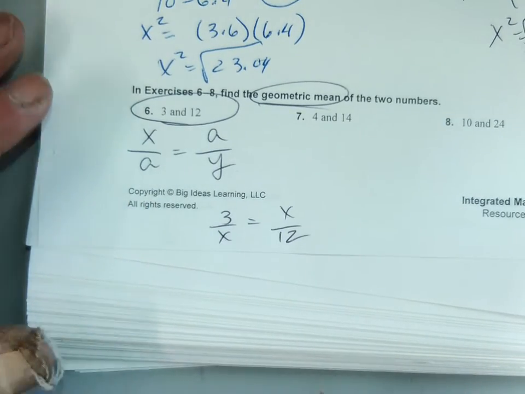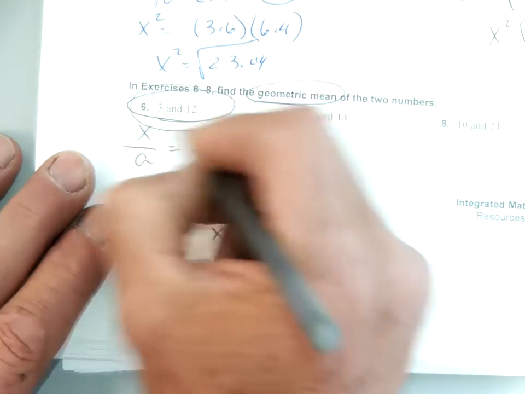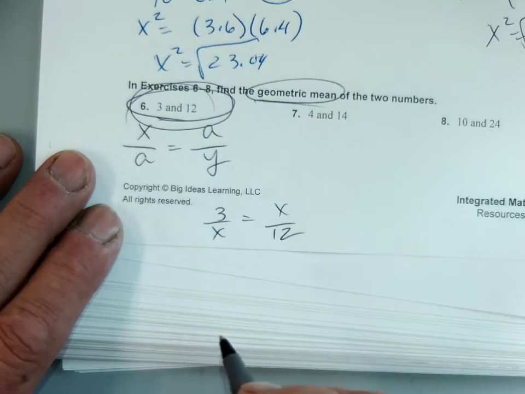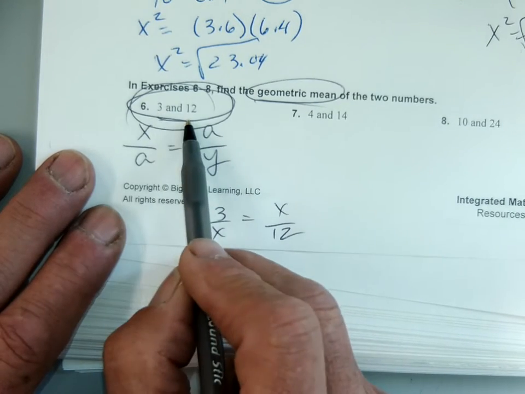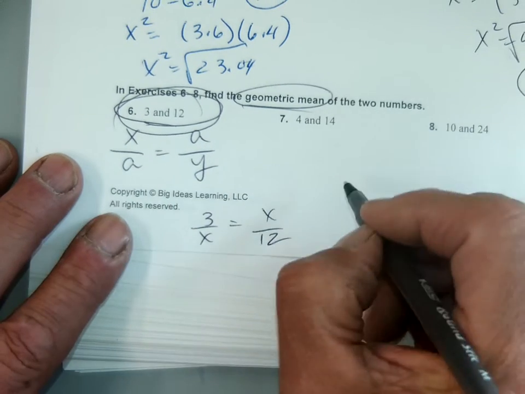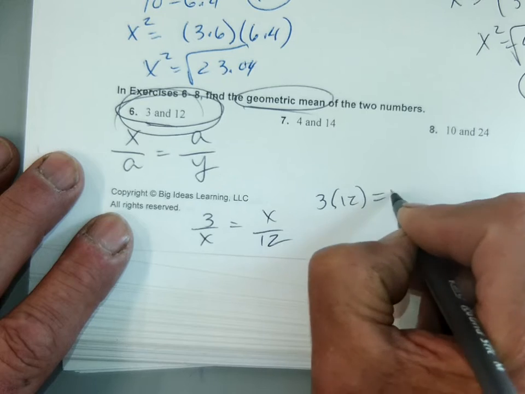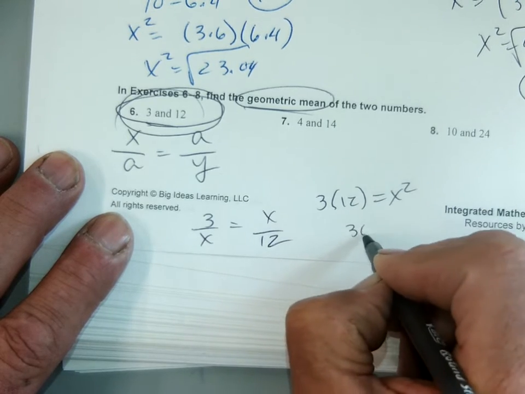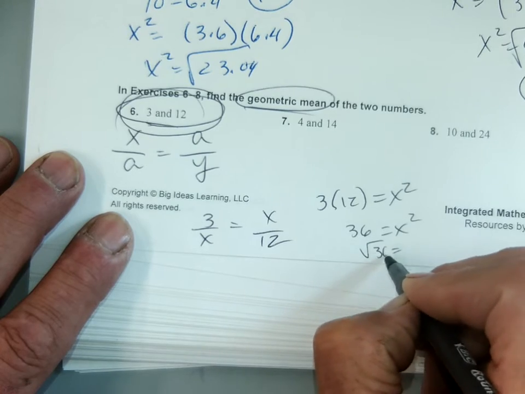That's the geometric mean, which really is to multiply these, or the shortcut is this times this, and take the square root of it, okay? To do a geometric mean, you're just going to go 3 times 12 equals x squared. 36 equals x squared. You take the square root of it. That's all you do, which is 6.